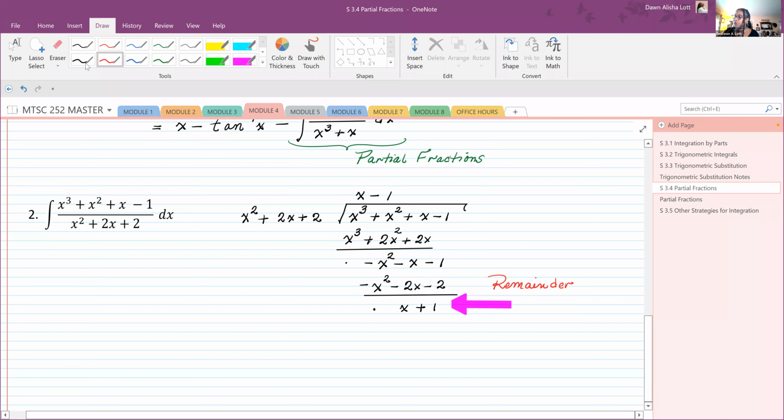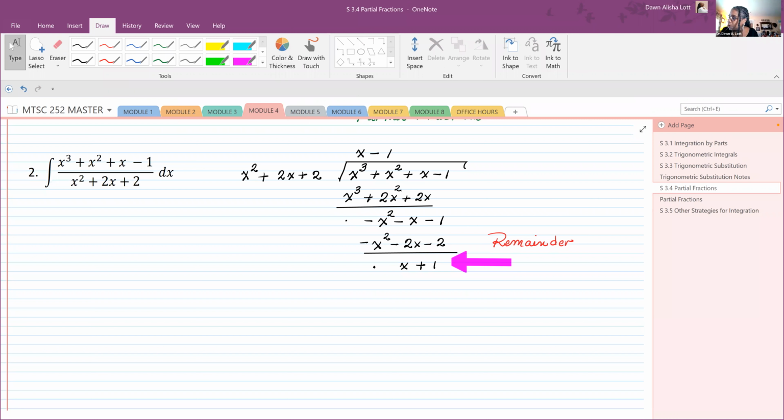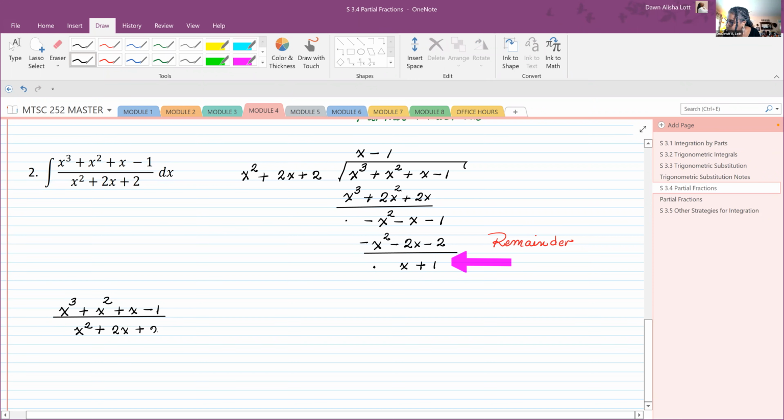Okay, so when I go to write this, I have x cubed plus x squared plus x minus 1 divided by x squared plus 2x plus 2.